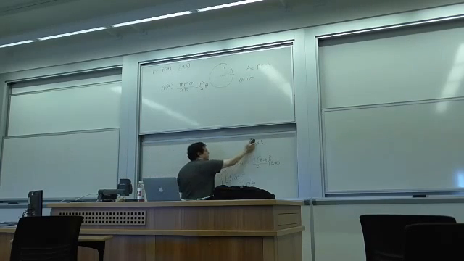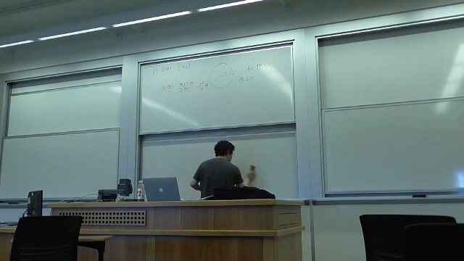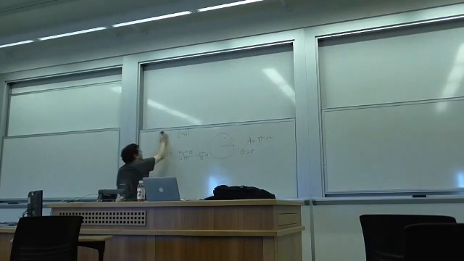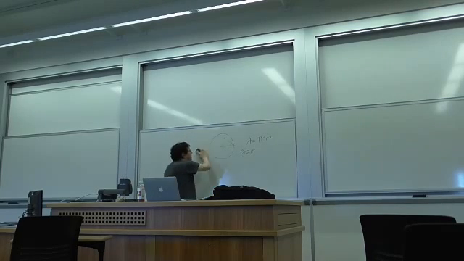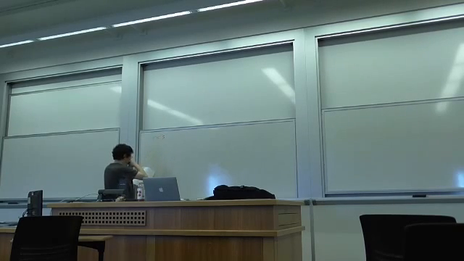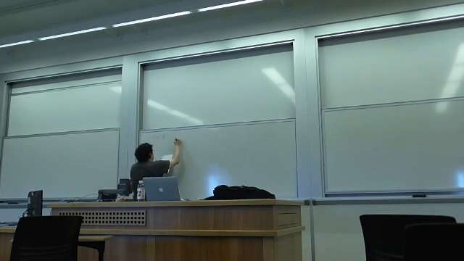So we'll clear a little off. All right, so the problem is find the area that lies inside the circle r equals 3 sine theta, and outside the cardioid r equals 1 plus sine theta.